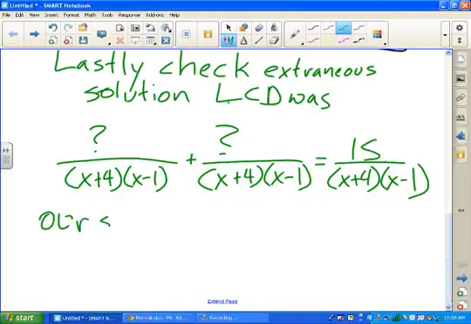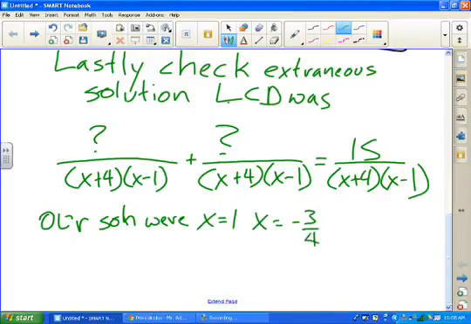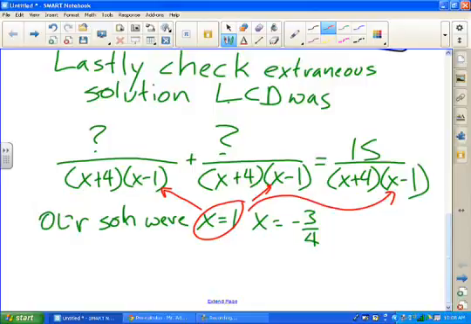The problem that we run into is that one of our possible solutions, x equals 1, will not work. Because if I take x equals 1 and plug it into the denominator of any one of the rational expressions, I'll get 1 minus 1, and that becomes 0.